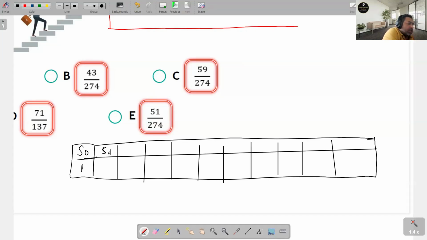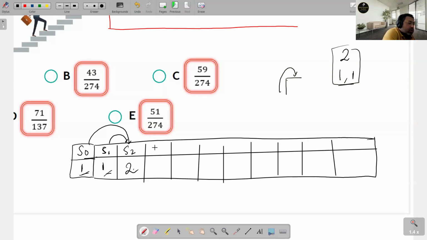Step 1, I can take only one step, so there's only one way. Now step 2, I can either come from step 1 by taking a 1-step move, or from step 0 by taking a 2-step move. So 1 plus 1. I'll either take a direct step of 2, or I will do a 1 and then another 1. There are 2 ways.